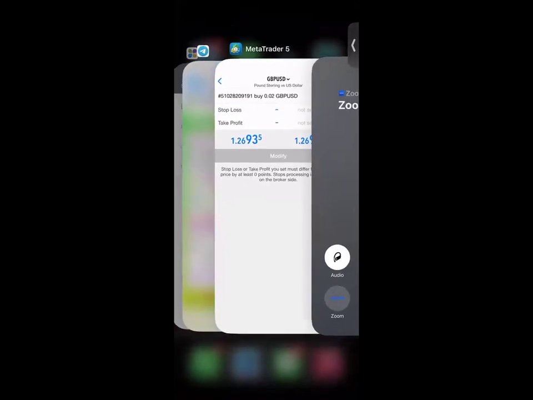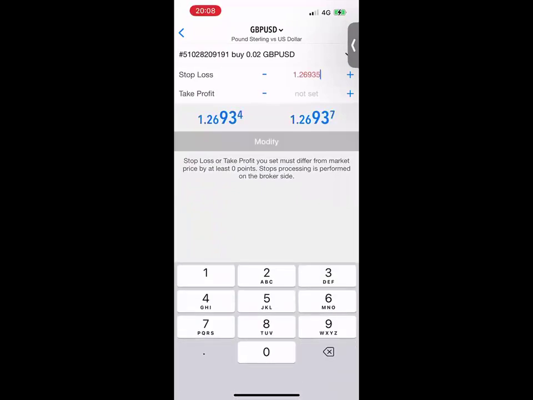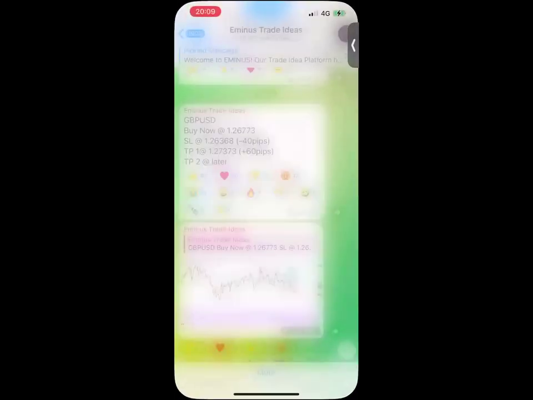Or who was following us and wrote it down on the chat? Our stop loss is what? Have you seen it? You need to check it out. So what's the take profit?